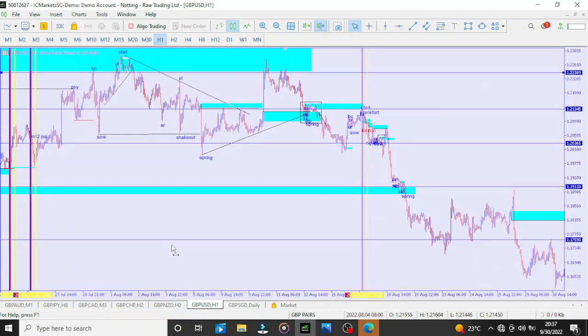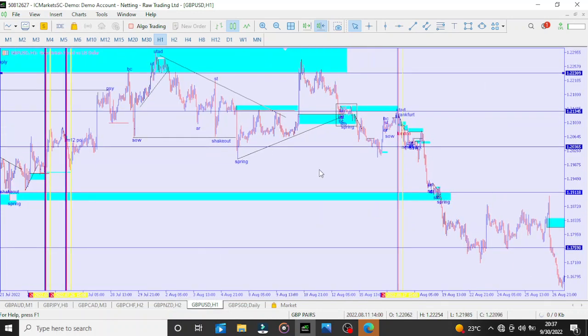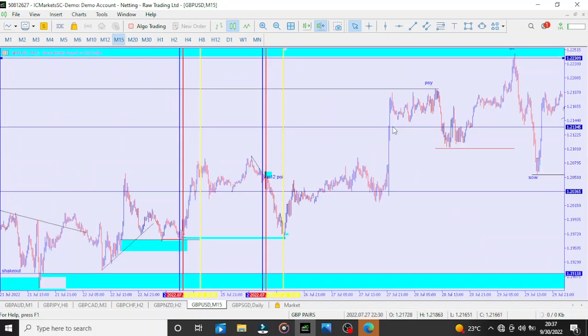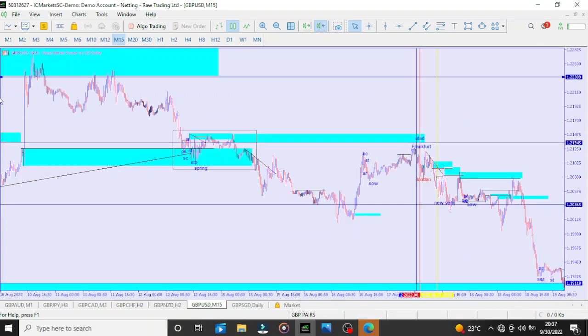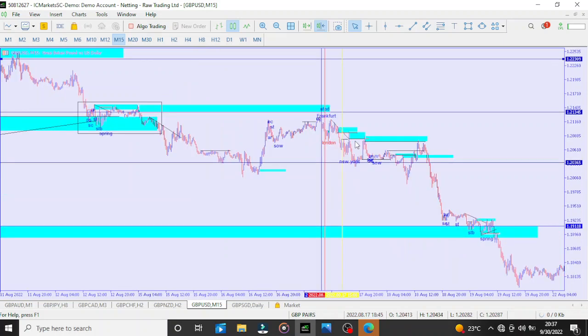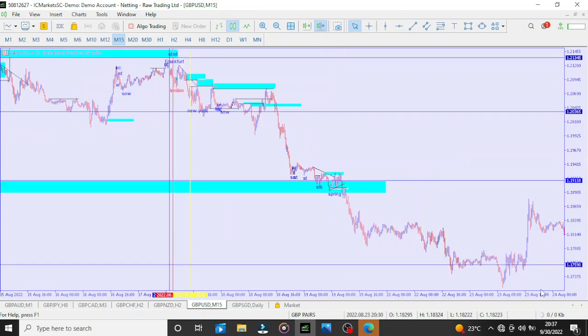But due to the lack of confidence, I closed my entry prematurely around 1:12. I closed around this point, but I knew that the price had to make a new lower low.